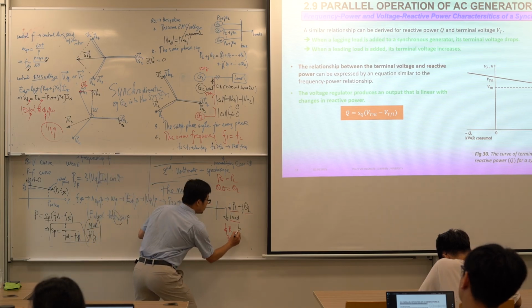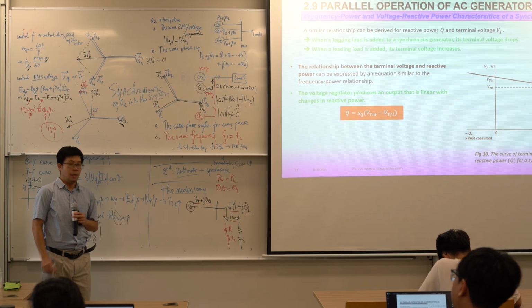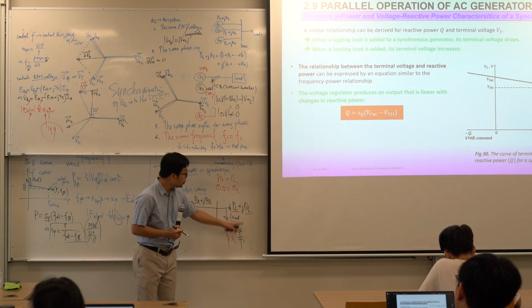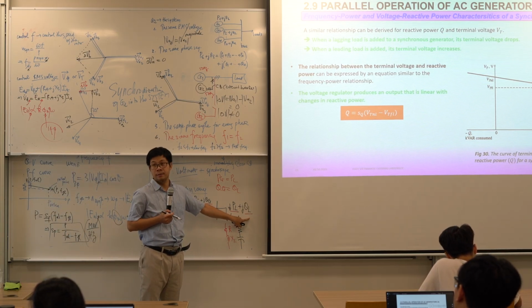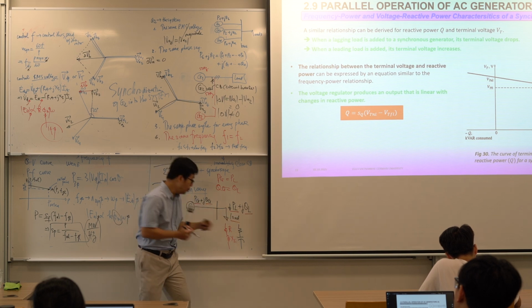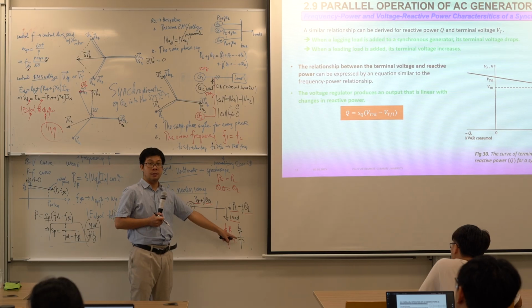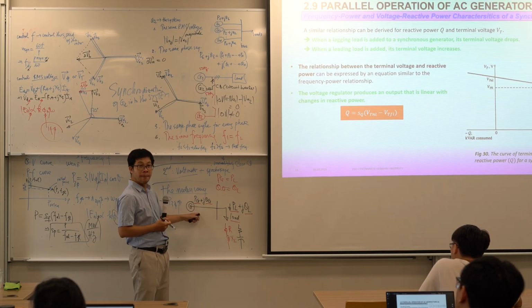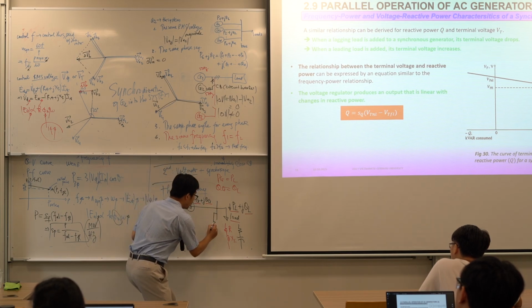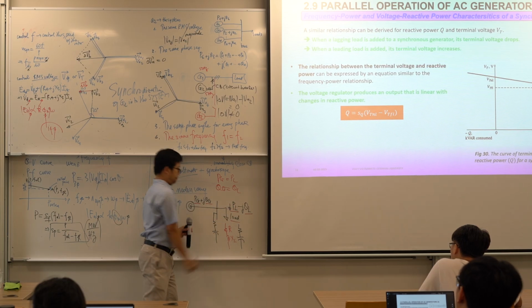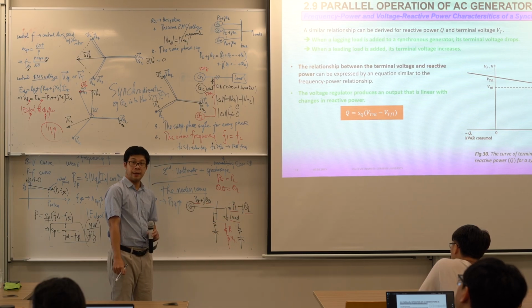Now, I have a capacitive load. So if we have a capacitive load, do we need QL? No, because the capacitor generates reactive power for itself. We don't need Q here. So if here we have resistance and capacitor, here is minus, right?